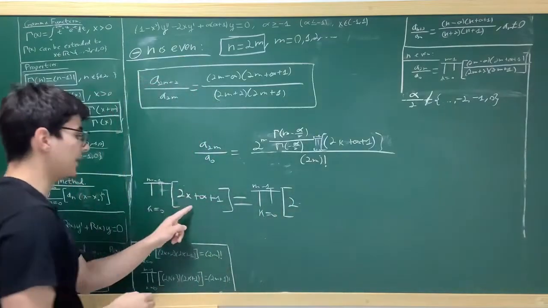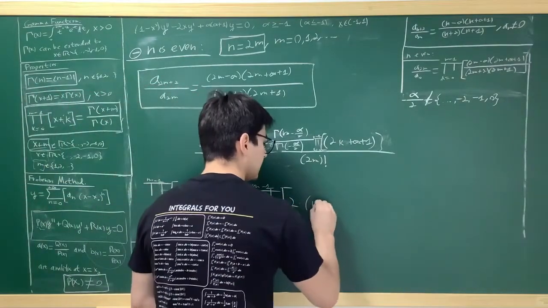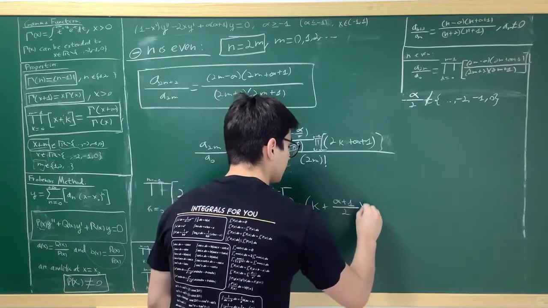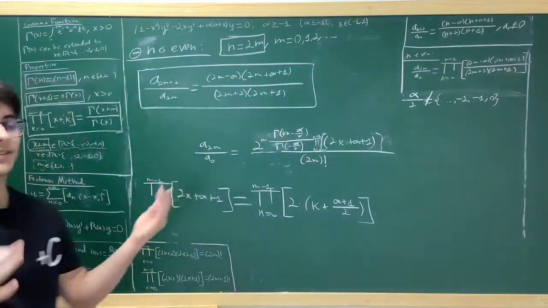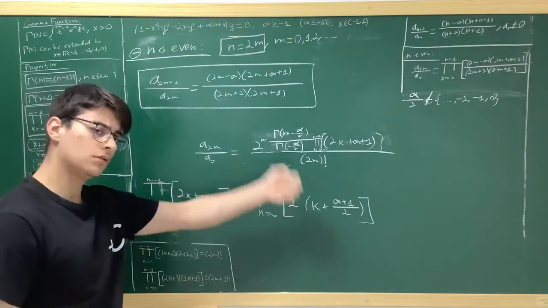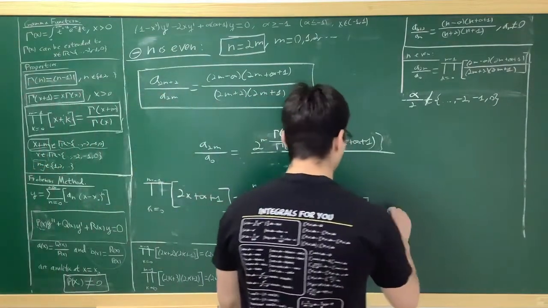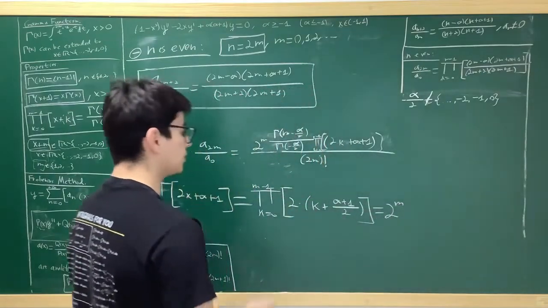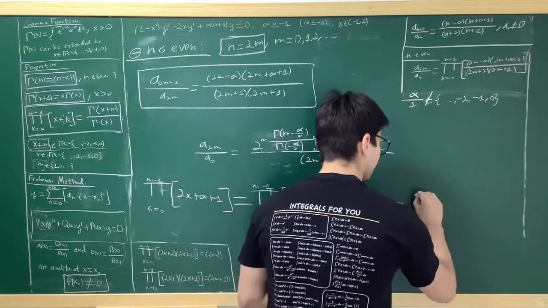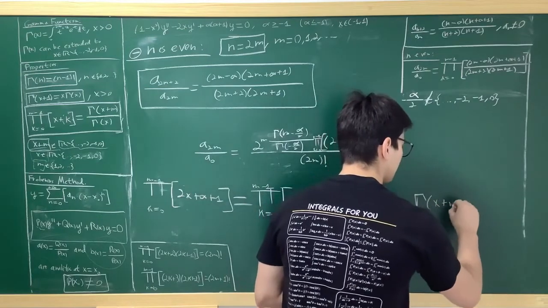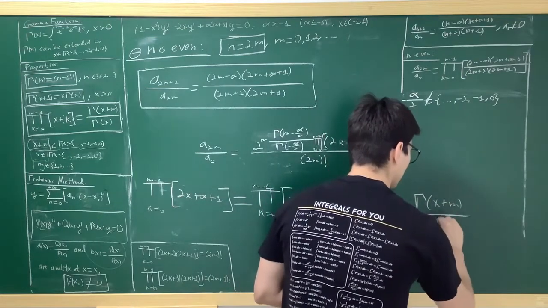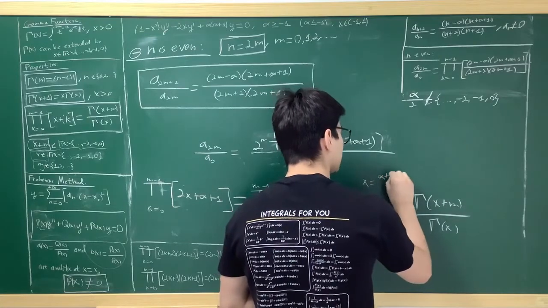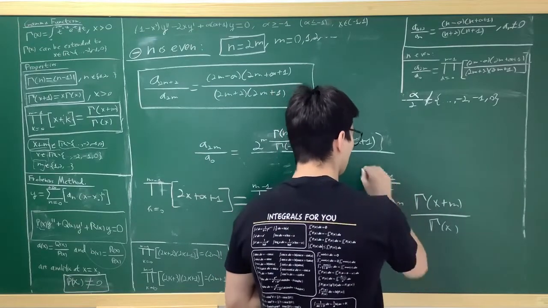Dividing everything by 2 just means k plus alpha plus 1 over 2. So this is it. Again, 2 comes out of the product as 2 to the m, and this product is just gamma of x plus m over gamma of x again. But here x is alpha plus 1 over 2.